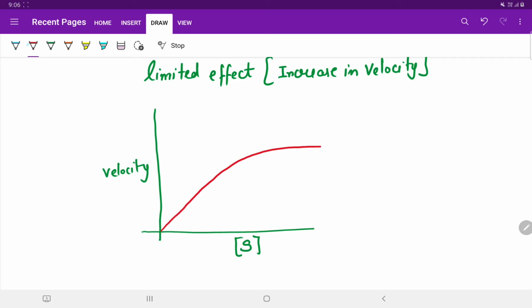So here you can easily see that there is a gradual increase in the first half of the reaction, then followed by a decrease in the rate, and ultimately the graph shows a very gradual decrease and a constant value of velocity is achieved.